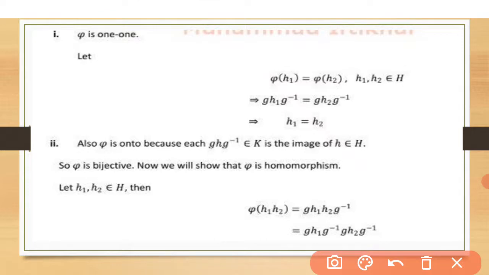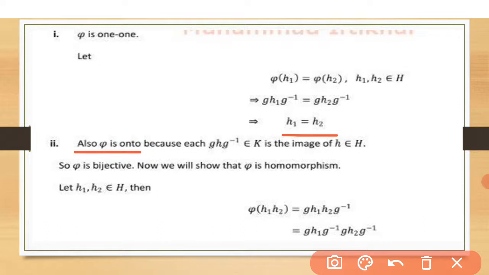Now we are going to prove one to one. Phi of h1 is equal to phi of h2, and when we apply phi, it gives us the conjugate image, which is g h1 g inverse and g h2 g inverse. By cancellation law, multiplying this side by g inverse and this side by g, we get h1 is equal to h2, which proves that it is one to one.